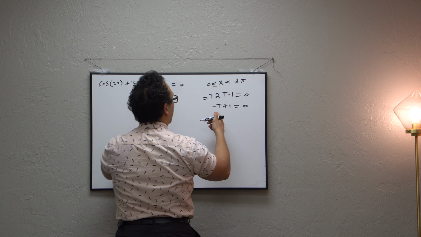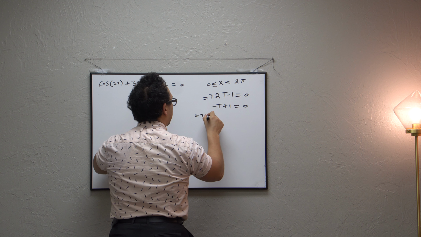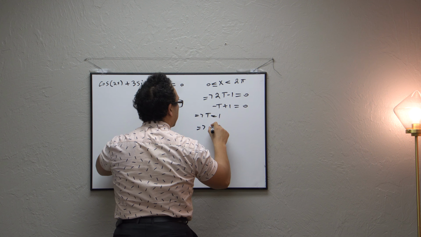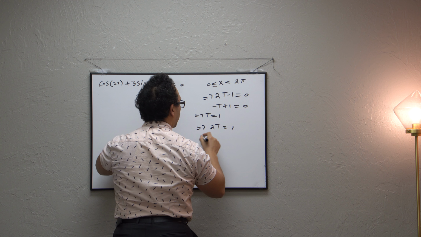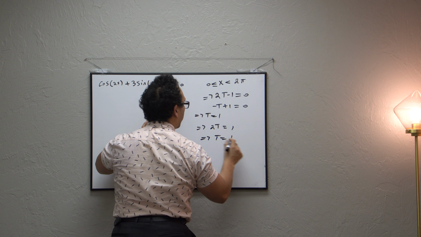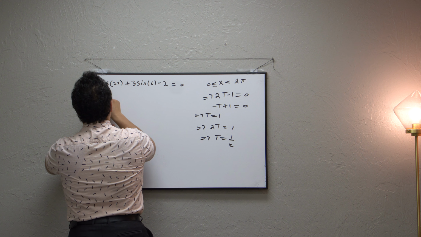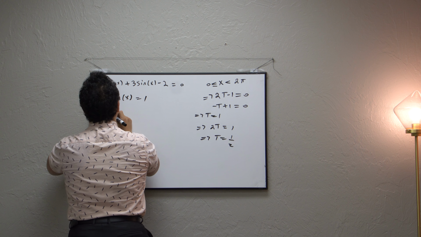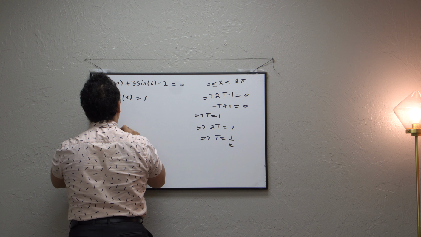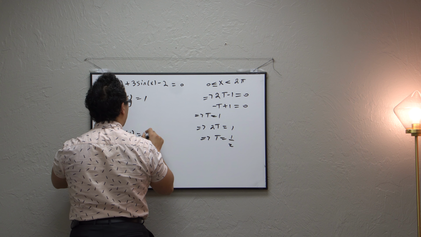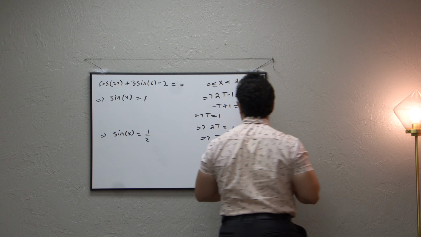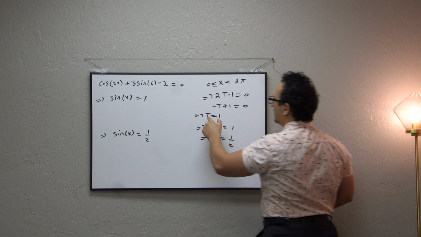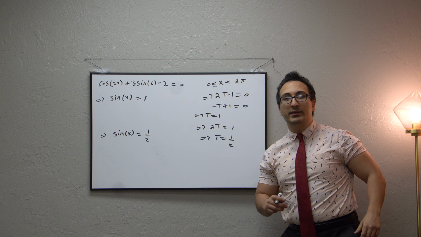So here, solving for this one, this implies that t is equal to 1. Here, solving for that one, this implies that 2t is equal to 1, and then that implies t is equal to 1/2. So this means that I have sine of x is equal to 1, and sine of x is also equal to 1/2. Okay? This gives us that, and this gives us that, because t was sine of x, as you can rewind and see.